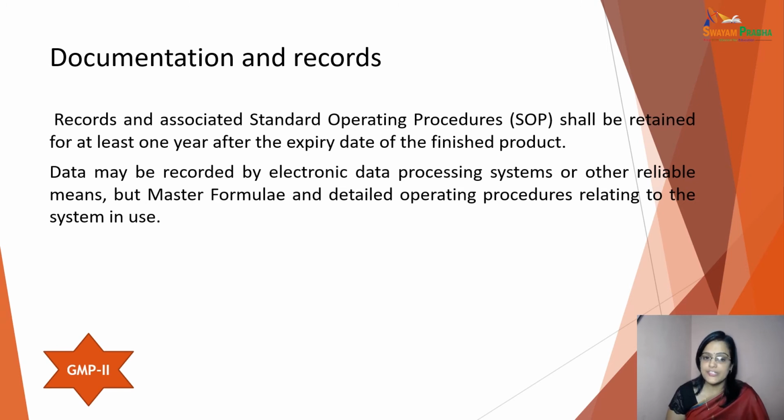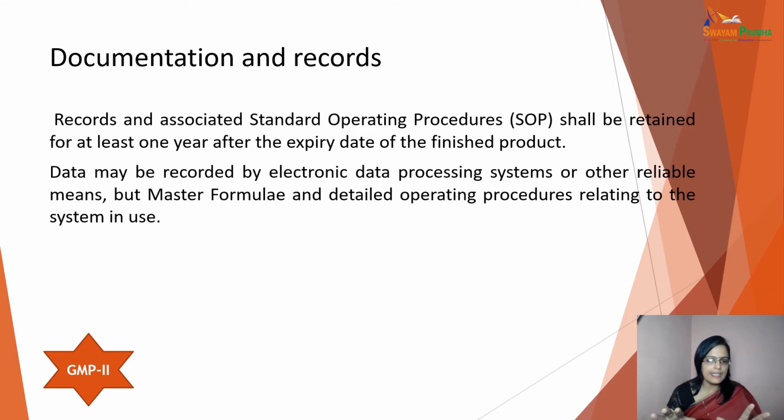The records shall be made or completed at the time of each operation in such a way that all the activity concerning the manufacturing of pharmaceutical products is easily traceable. That means it should be labeled, and the label should be recorded in such a manner that any person who has not dealt with the manufacturing process in the last few days can also trace it.